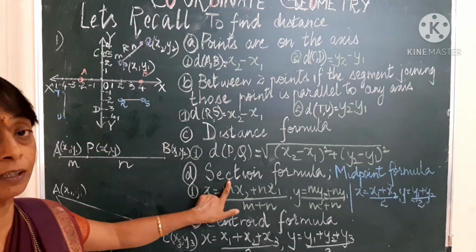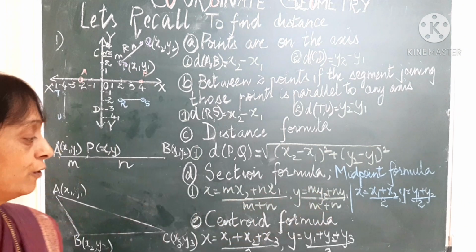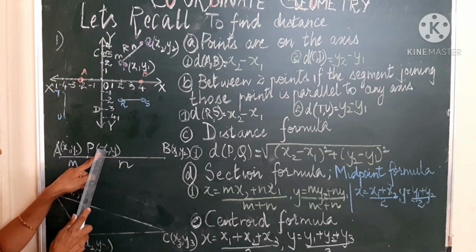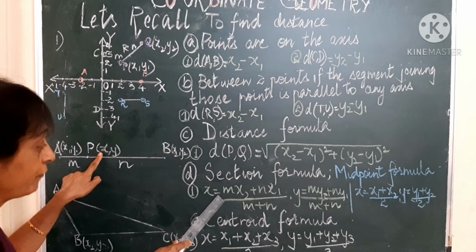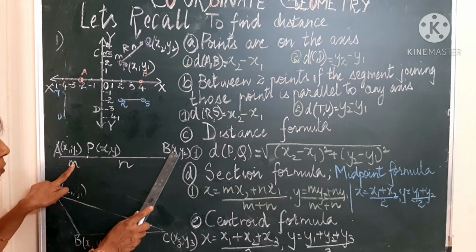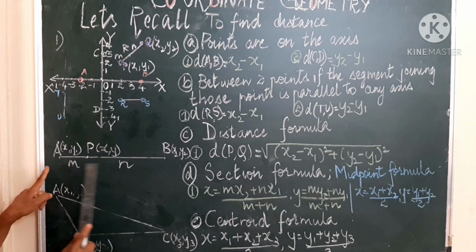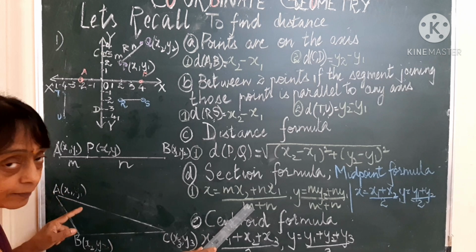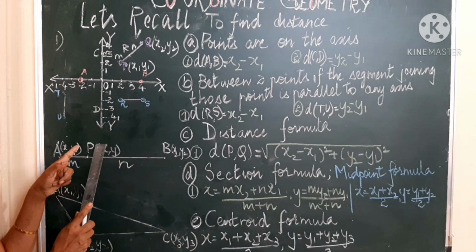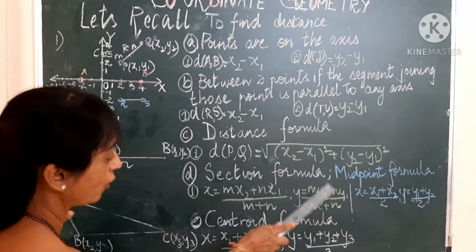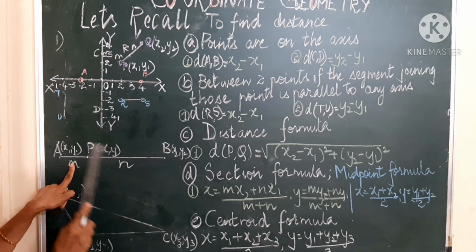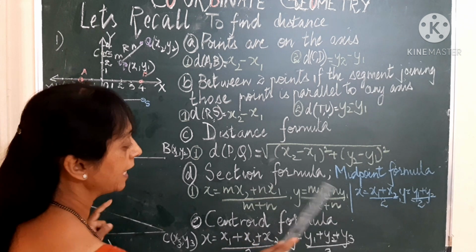That was given by the formula that is called as section formula. So the coordinate of P, that is x coordinate, was calculated by using the formula mx2 plus nx1 upon m plus n, and the y coordinate of P was by using the formula my2 plus ny1 upon m plus n.